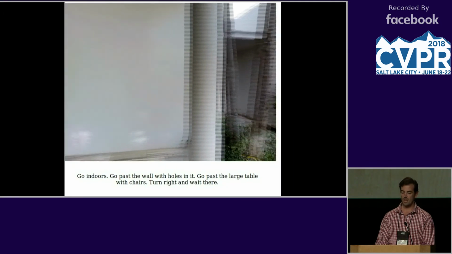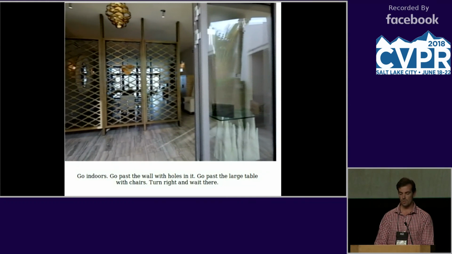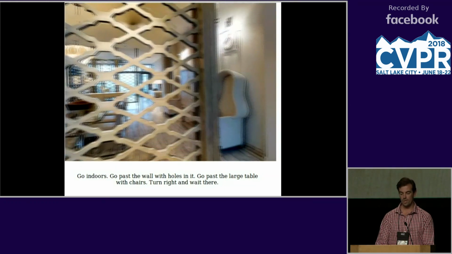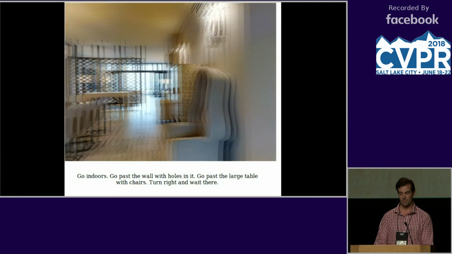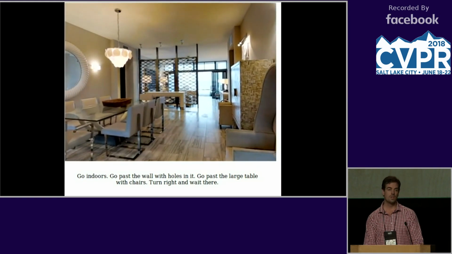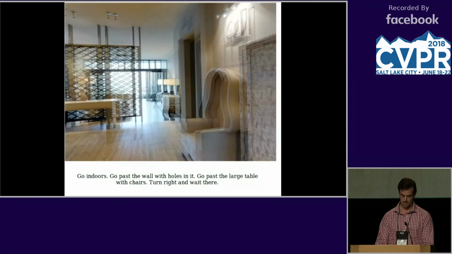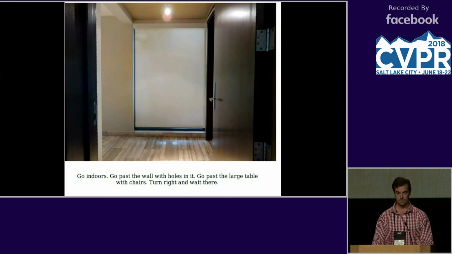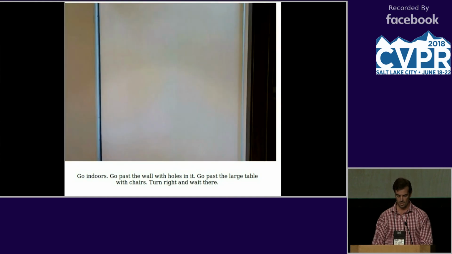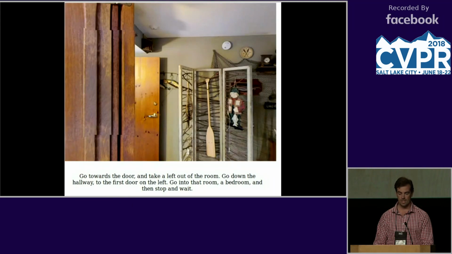As you can see here, the agent is instructed to go indoors, go past the wall with holes in it, go past the large table and chairs, which you can see there, turn right and wait there. And in this case, the agent's going to be successful. So the second example illustrates some of the visual diversity in the data set.